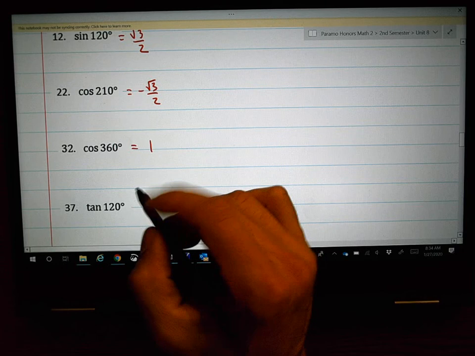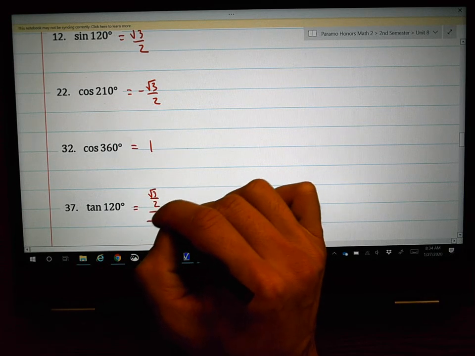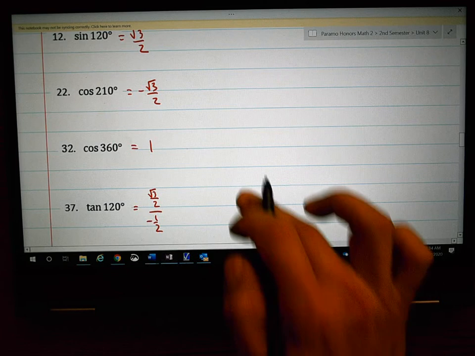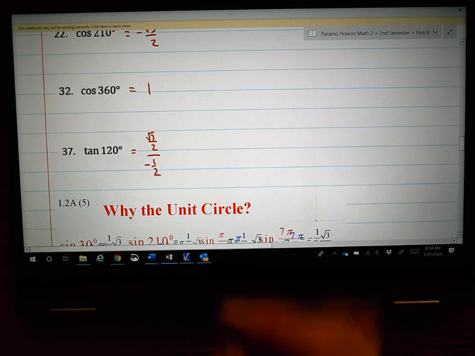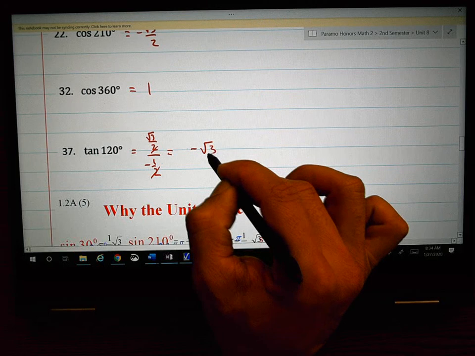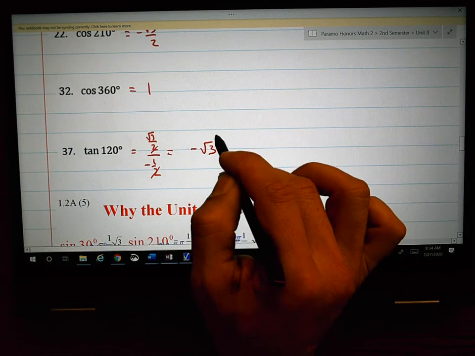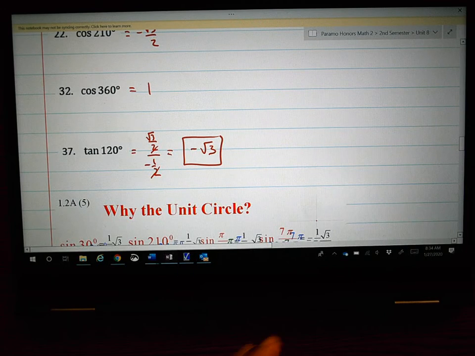The long way was root 3 over 2 divided by negative 1/2. The short way, root 3 over negative 1 is negative root 3. If it's not rationalized, if it was the other way around, you would have to rationalize it. But I kind of do that in my head.